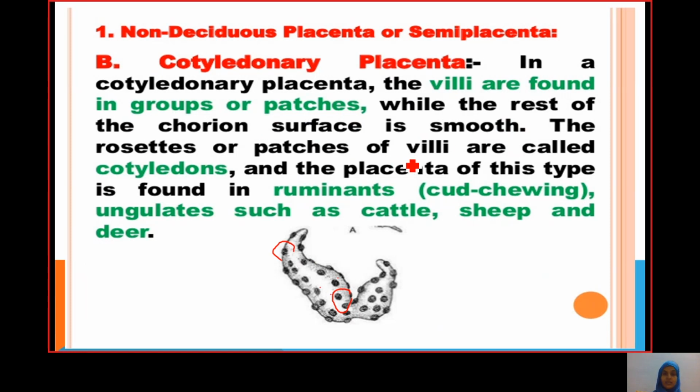The rose-like patches of villi are called cotyledons. It is especially present in cattle, sheep and deer. This is the cotyledonary placenta, which has small patch-like structures of placenta embedded on the chorion.